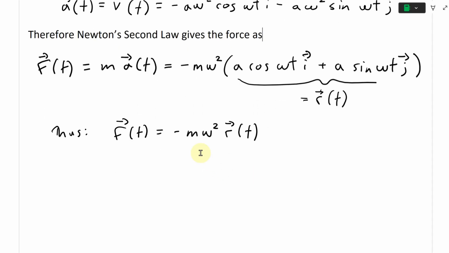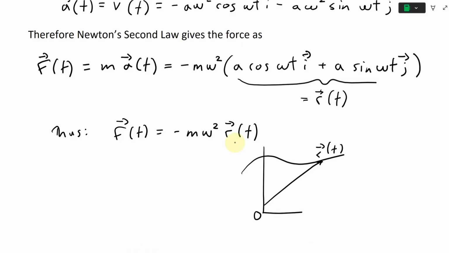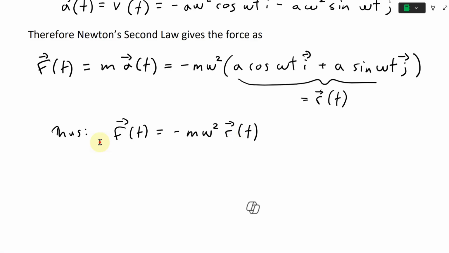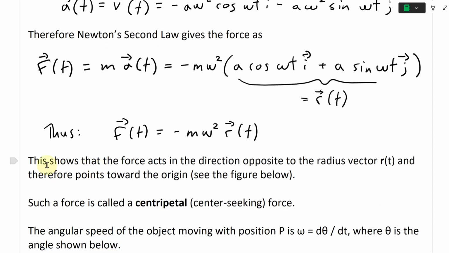If you have a position like this, r of t, and the position vector is like this, so there's the curve, the force always goes towards the origin. This is the origin. So that's the vector that always points towards the origin. That's pretty fascinating stuff. Alright, so going further, and I'll box this out, this is pretty important.